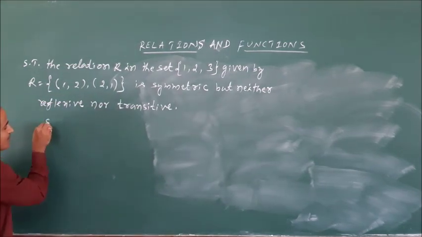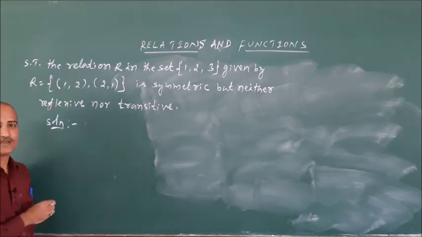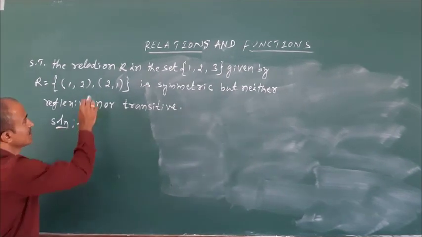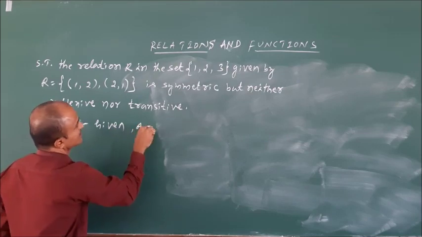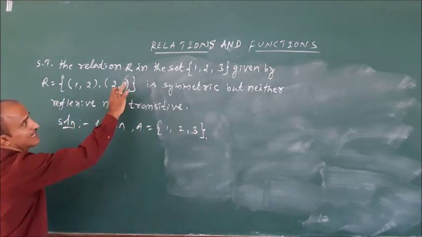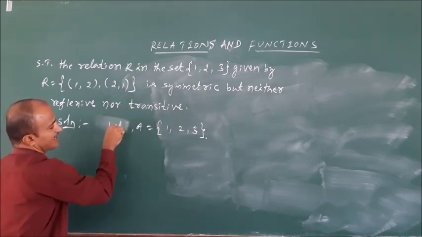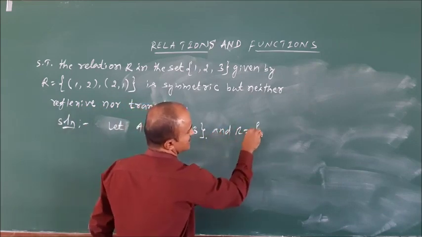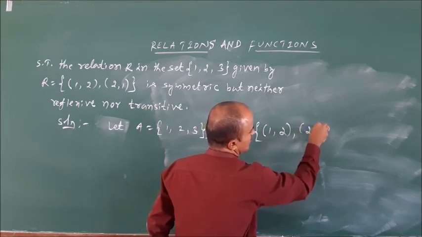See here, what we need to do, we need to show that R is symmetric but not reflexive and transitive. See, for given A equals {1, 2, 3}, or here they have given only the set, let that set be A. Let A equals {1, 2, 3} and R equals the set of all ordered pairs (1, 2), (2, 1).